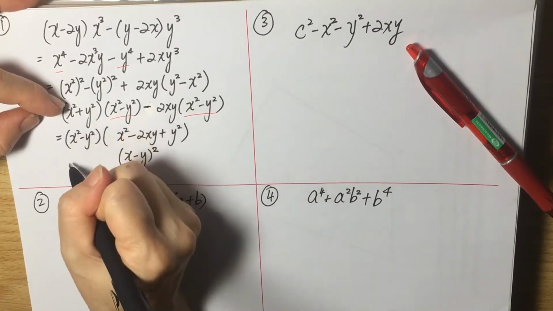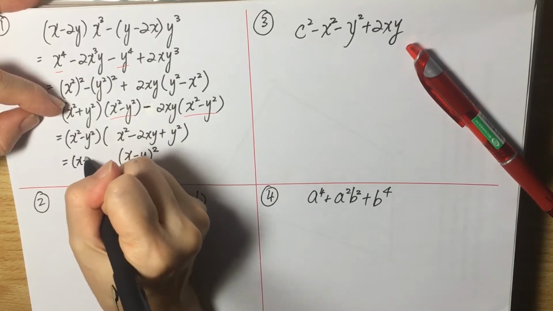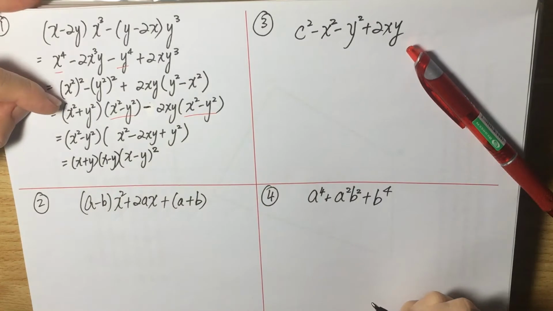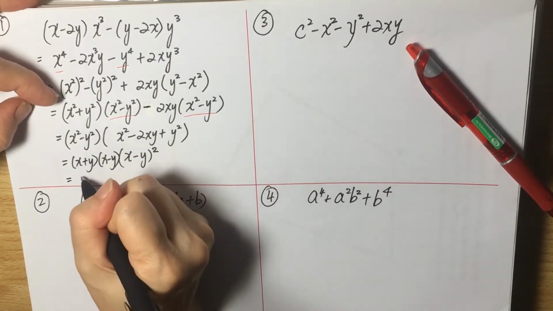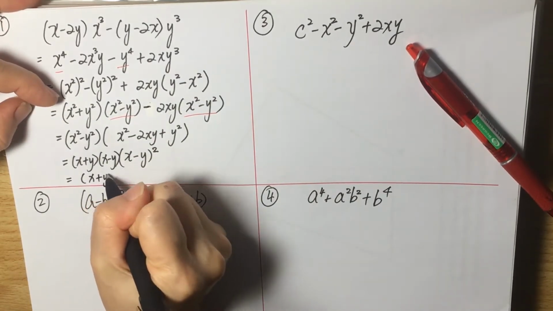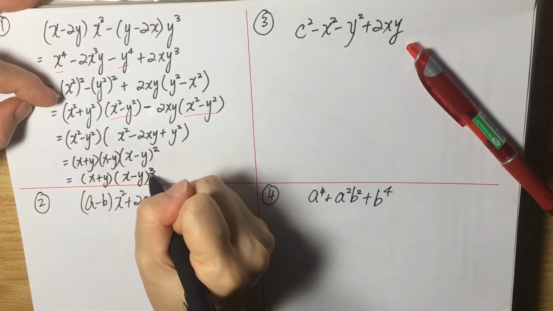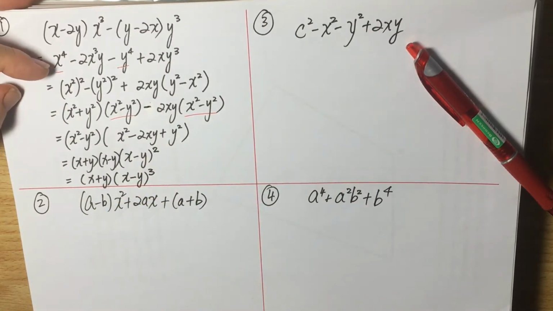And over here, I can factorize it to be x plus y, x minus y. So now I have a term of x plus y, and then I have 3 terms of x minus y, so cubed, and that's all. You cannot factorize it any further.